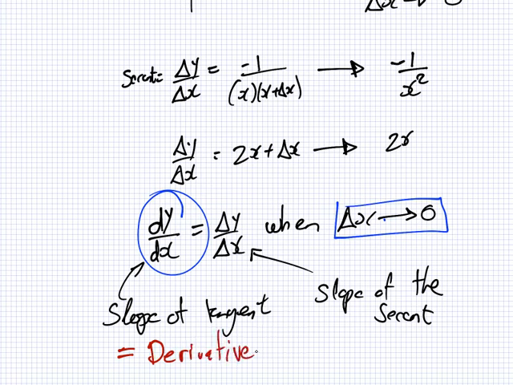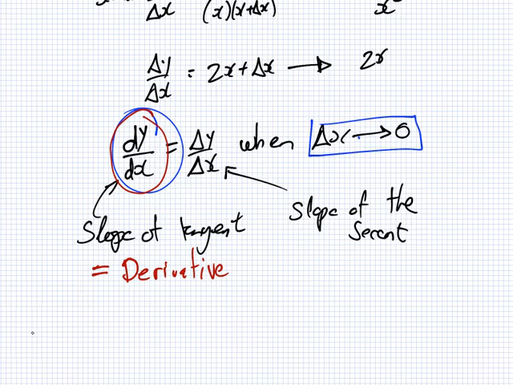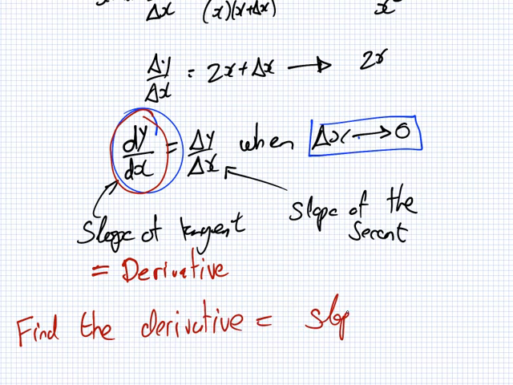Derivative is the slope of the tangent. So if the question said find the derivative, that means find the slope of the tangent.